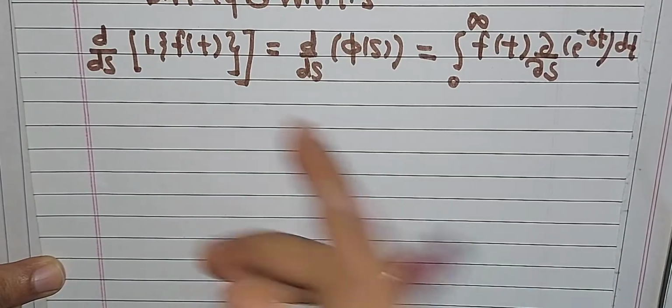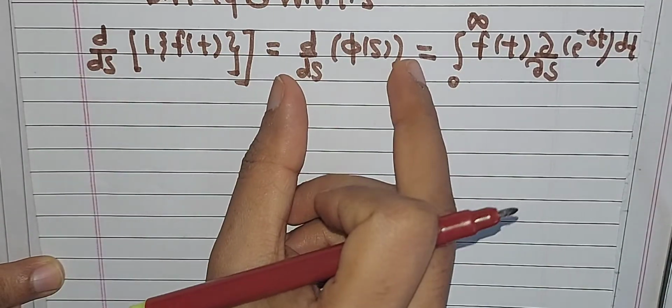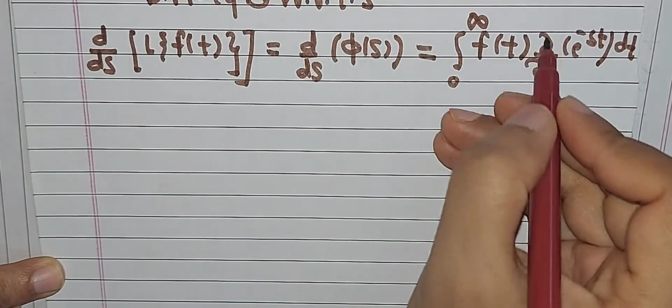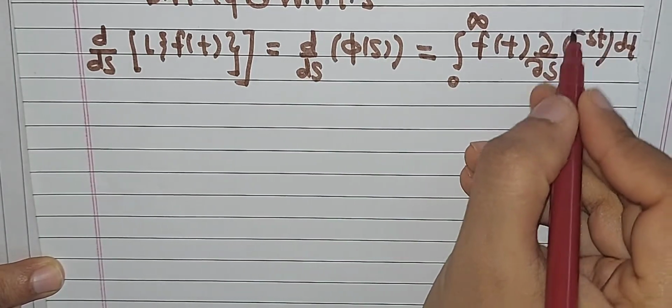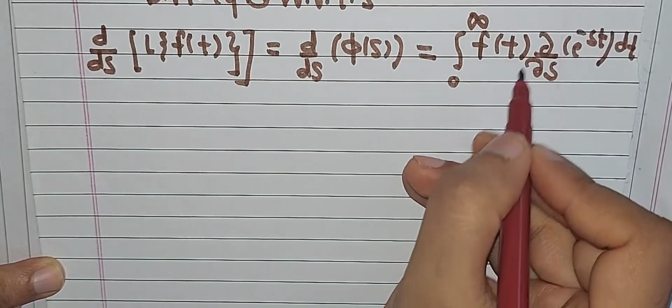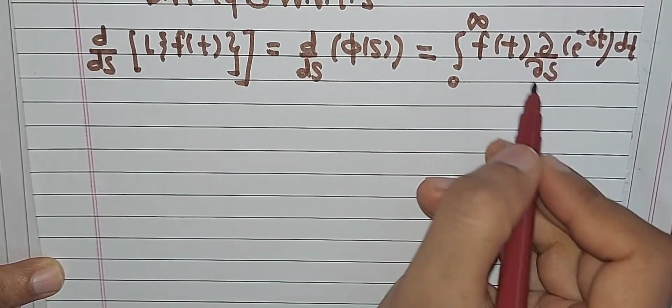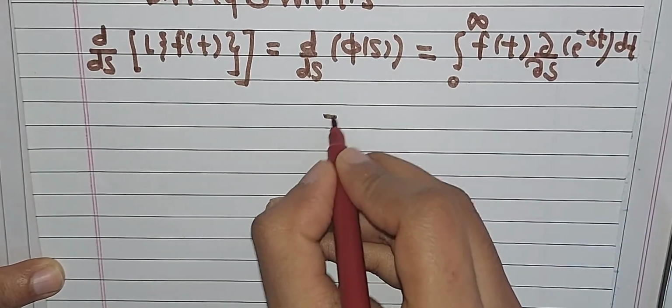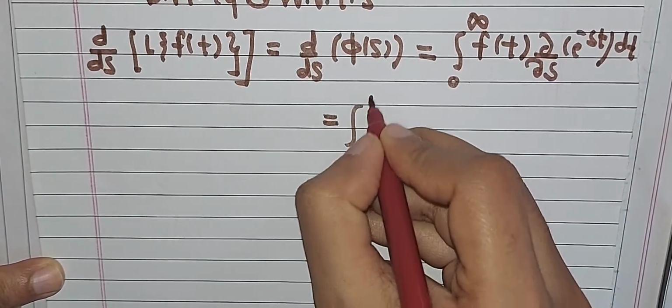Now after solving, there will be no change here. Only here we can observe that we have a function of the variable s, and similarly we are taking its derivative with respect to s. Then we will have this term as the integration from 0 to infinity.